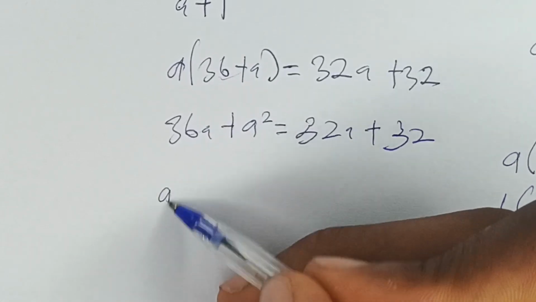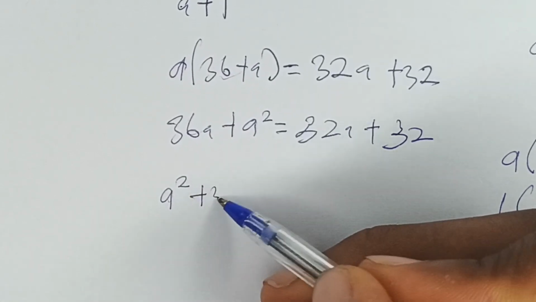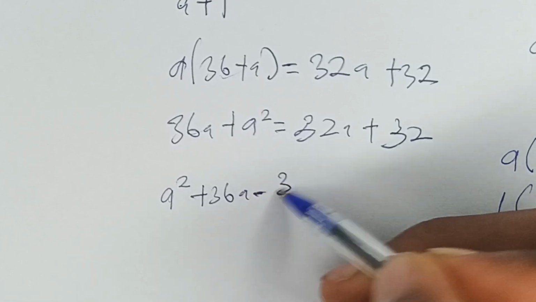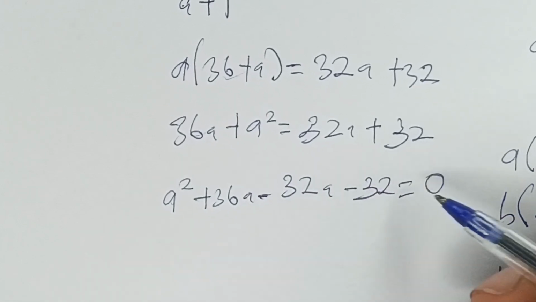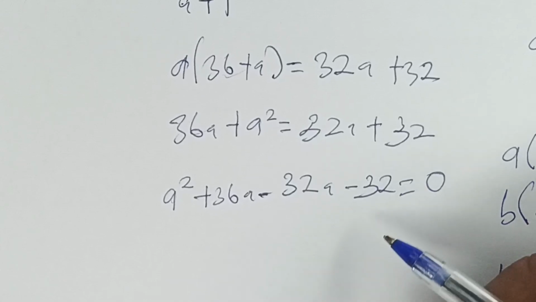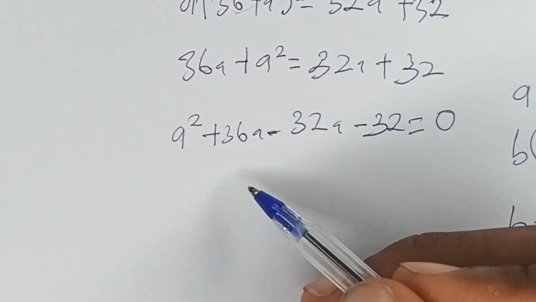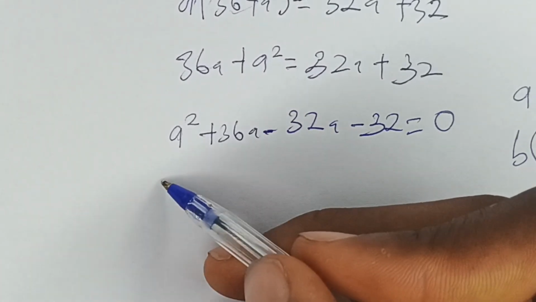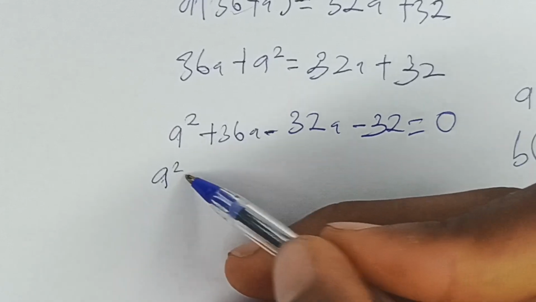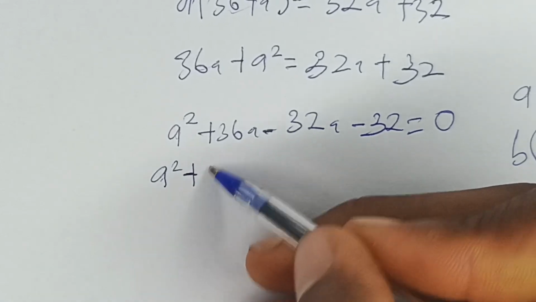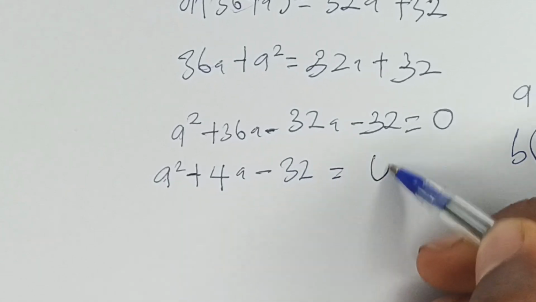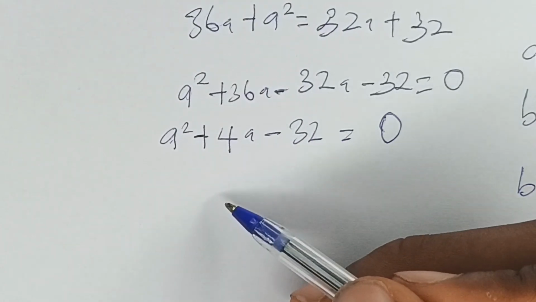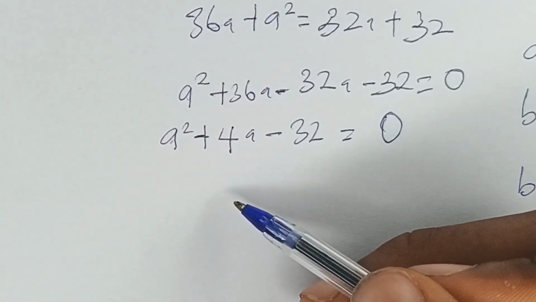Collecting like terms, you now have A squared plus 36A minus 32A minus 32 is equal to 0. Now, 36A minus 32A is 4A, so we have A squared plus 4A minus 32 is equal to 0.